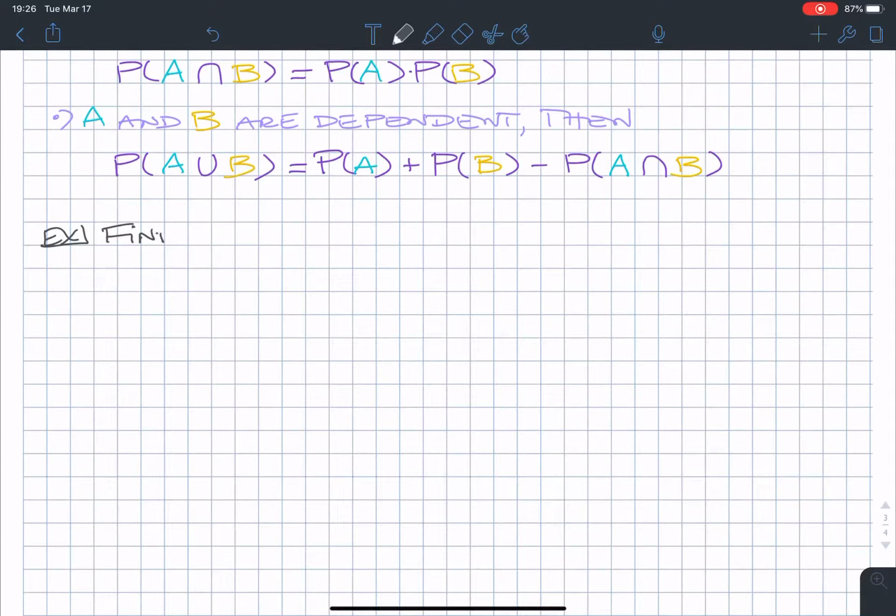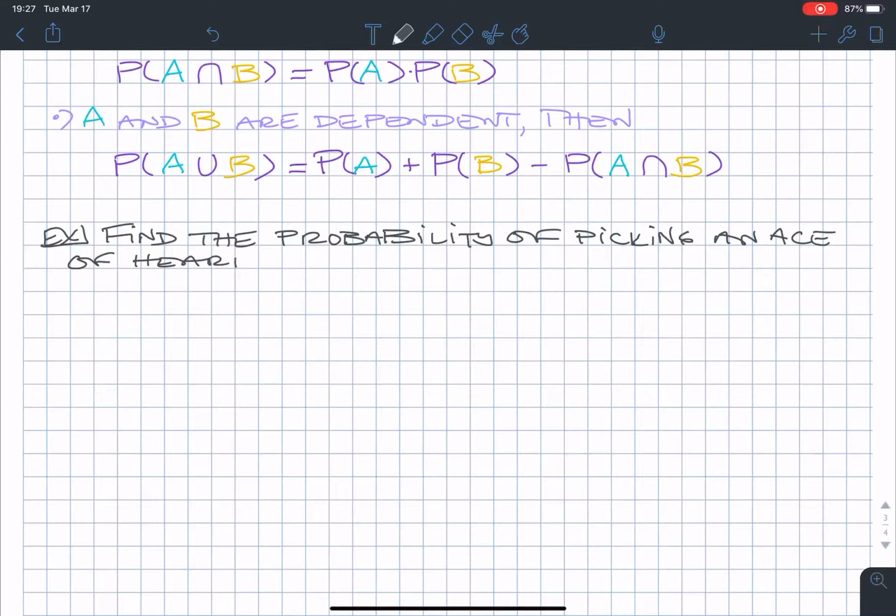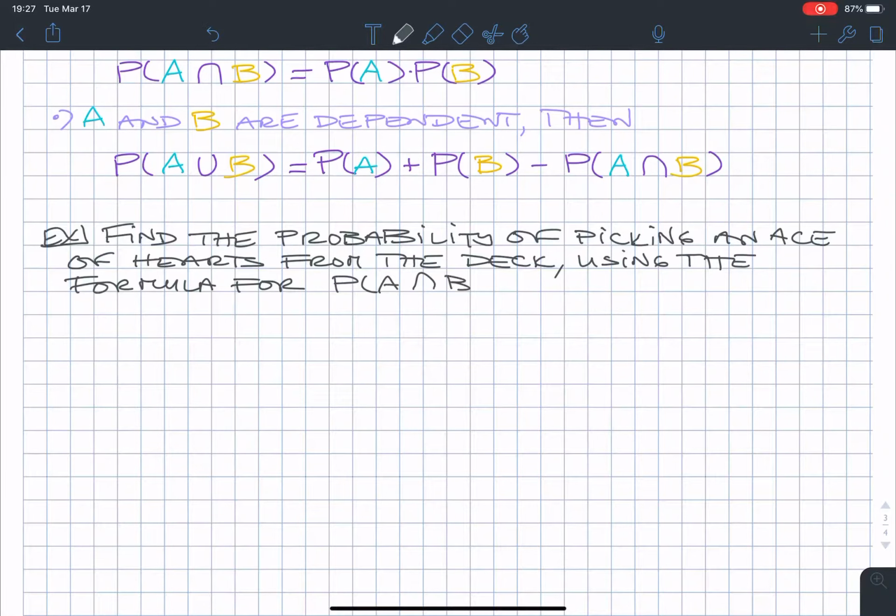So find the probability of picking an ace of hearts from the deck using the formula for the probability of A and B, their intersection.